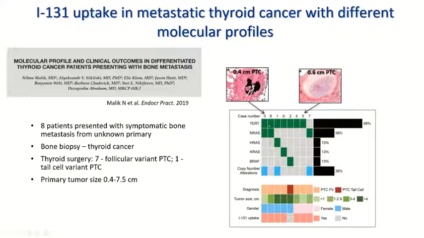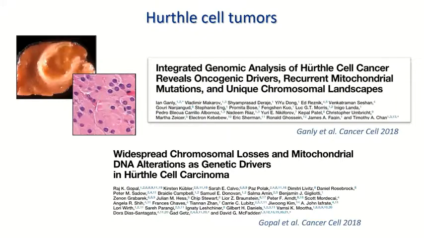And combination of RAS and TERT tumors probably are still expected to be responsive. But BRAF and TERT is indeed a genotype, a molecular signature, that would predict a very low possibility of responding to RAI treatment.